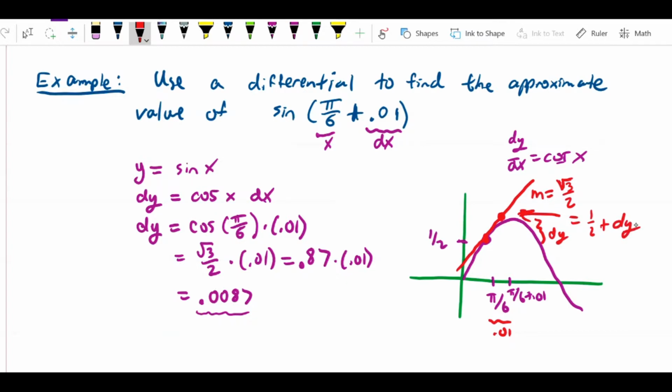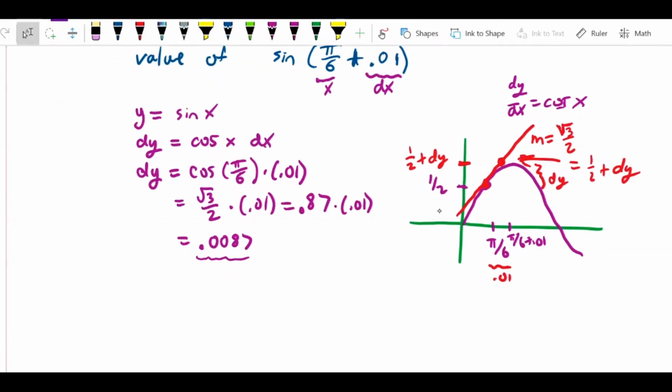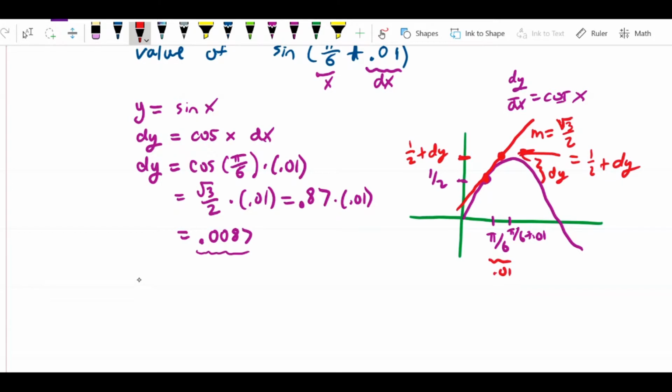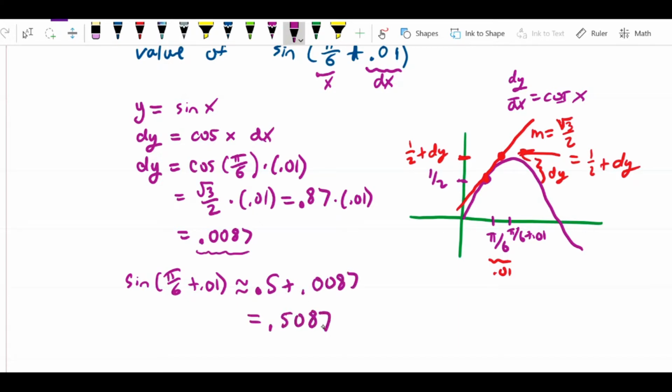So if that's 1/2, then this is going to be 1/2 plus dy. Of course, we would have gotten a different value for dy if I had chosen a different value for dx, but this is the one we chose. So that means that it's correct to say that sine of pi over 6 plus 0.01 is approximately equal to 1/2, which is 0.5, plus 0.0087, so that comes out to 0.5087.